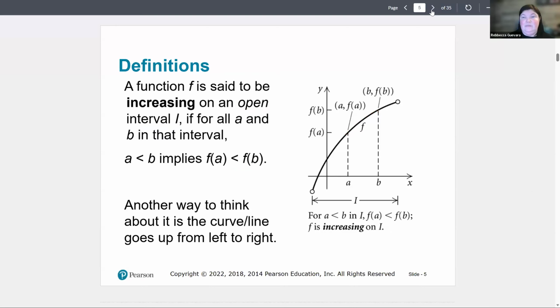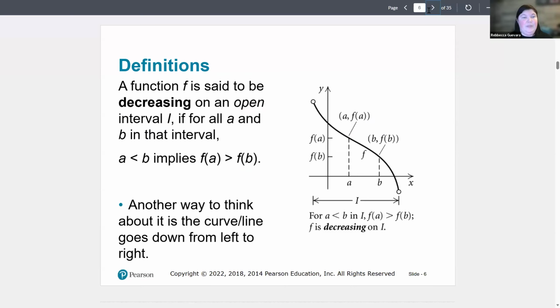Now for decreasing on an open interval, we still have that A is less than B. But what we see here is that we're decreasing, so our line is going down. For that to happen, f of A has to be greater than f of B. So my function values are decreasing.